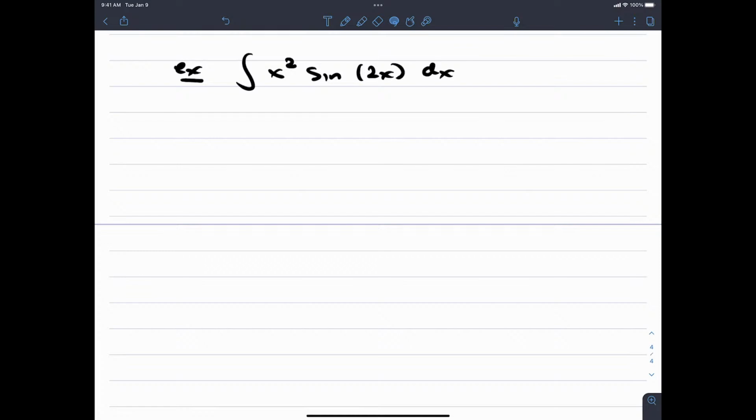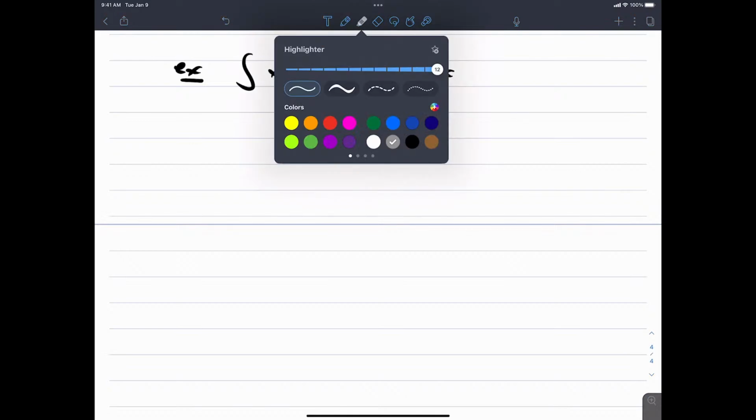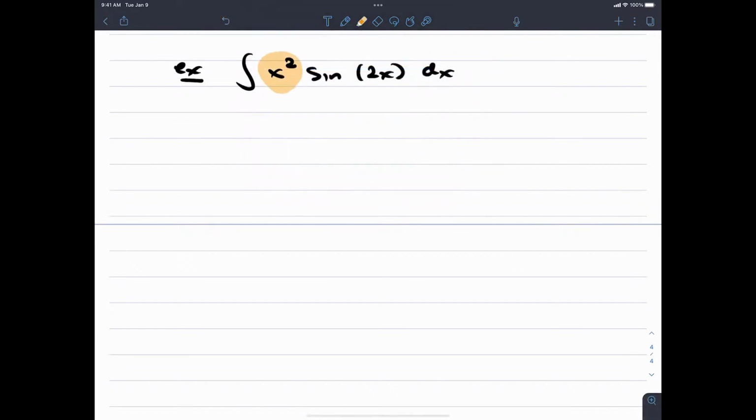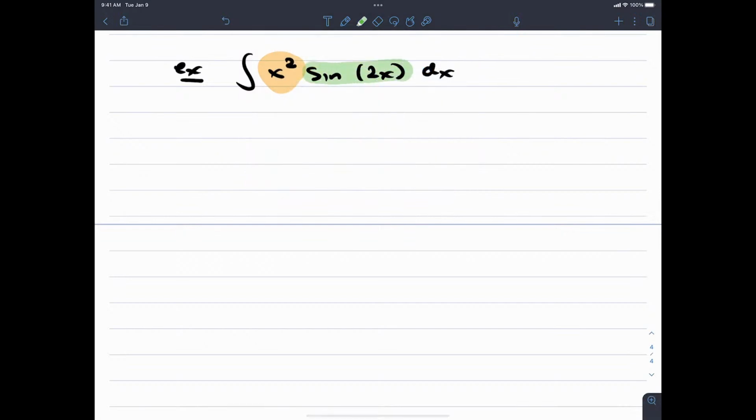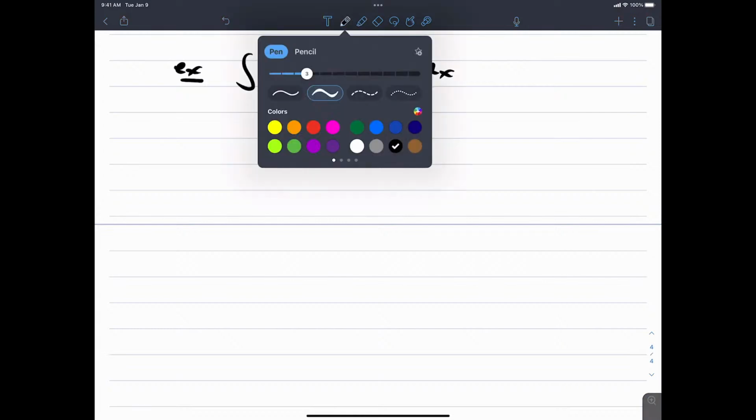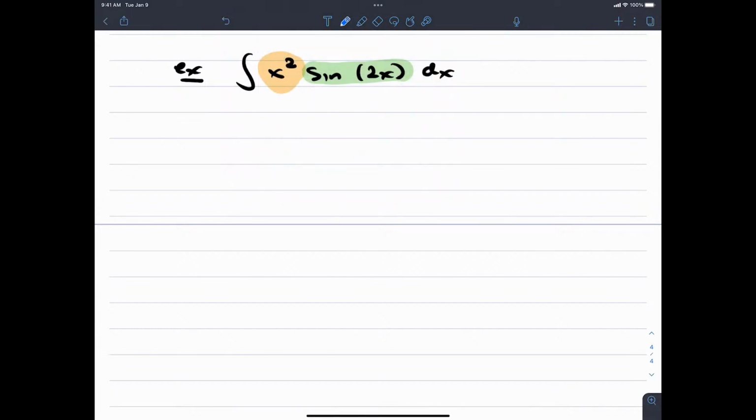Now remember, you got a product again. x squared, and then you got the sine 2x. There's a product of two functions. Which one breaks down when you differentiate? What do I mean by breaking down? Well, reducing the power. That's what we mean by break down when you differentiate.